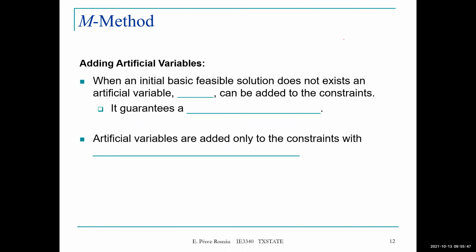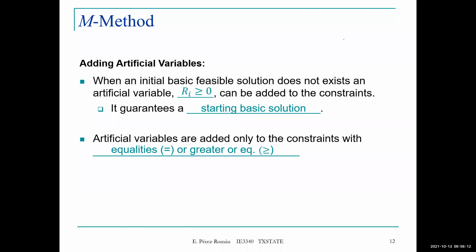So, adding artificial variables: when an initial basic feasible solution does not exist, an artificial variable Ri greater or equal to 0 can be added to the constraints. It guarantees a starting basic solution. Artificial variables are added only to the constraints with equalities or greater or equal to signs.